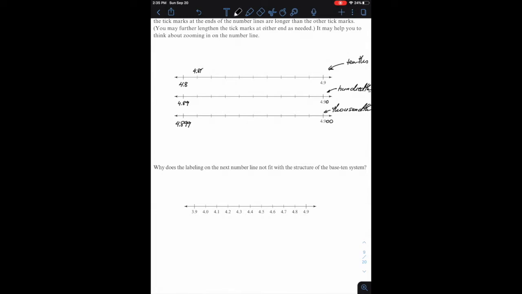So notice that as before, the long or large tick marks mean one place value, and the little ones in the middle are one smaller place value. So if these are tenths, then these are hundredths. If these are hundredths, then the little ones are thousandths. If the big ones are thousandths, then the little ones are ten-thousandths.